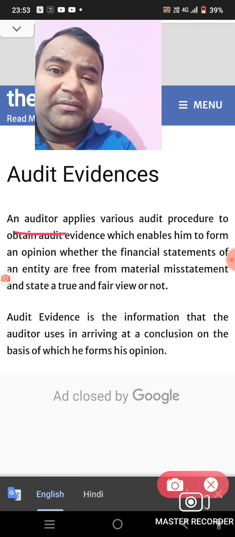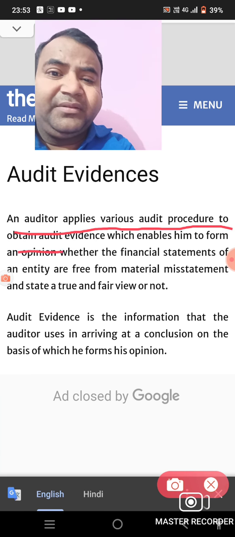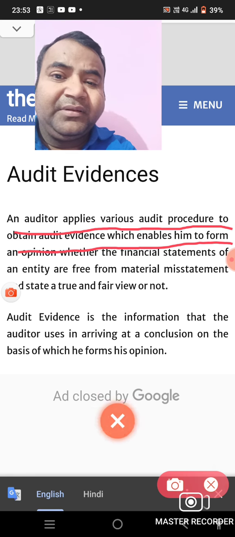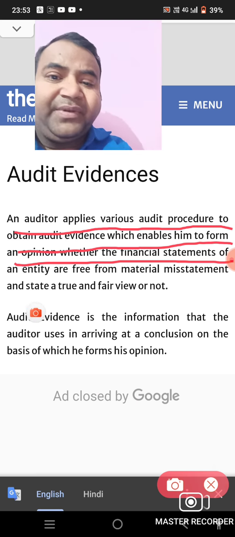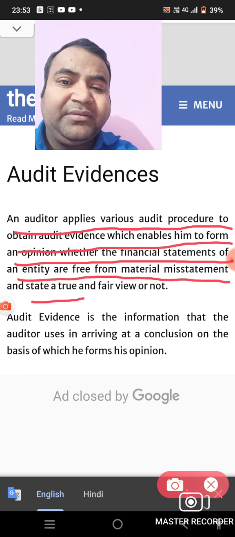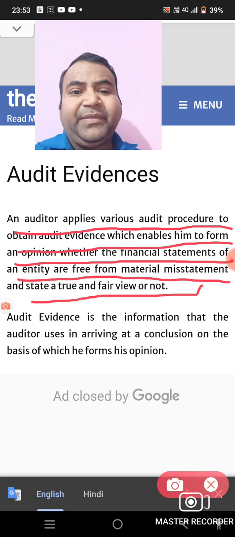An auditor applies various audit procedures to obtain audit evidence, which enables him to form an opinion whether the financial statements of an entity are free from material misstatement and state a true and fair view or not.